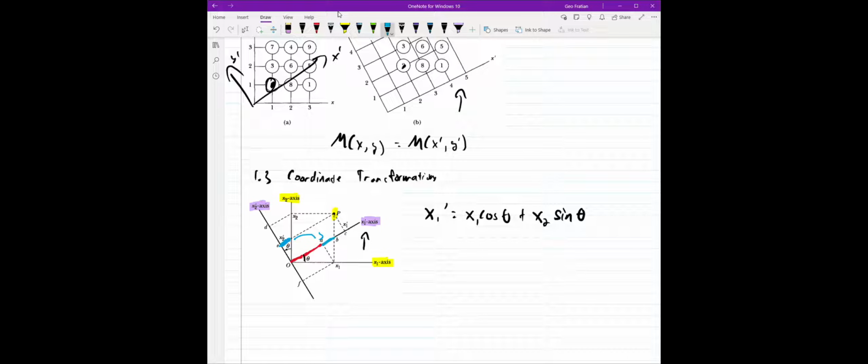Okay. Then you can do a bit of mathematical identities to get this to x1 cosine theta plus x2 cosine of pi over 2 minus theta. Remember, sine is just cosine phase shifted by pi over 2.